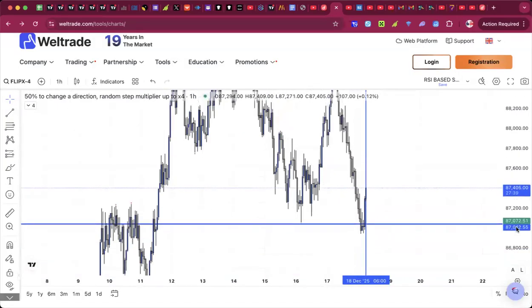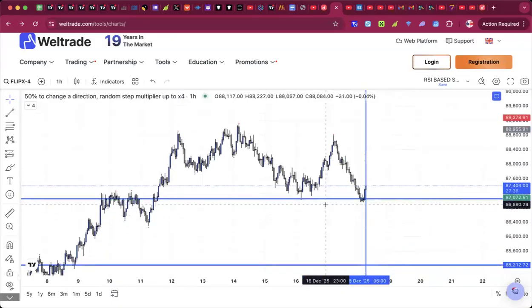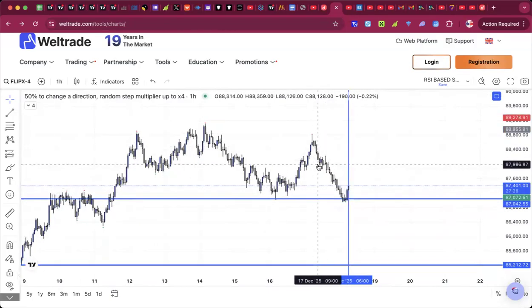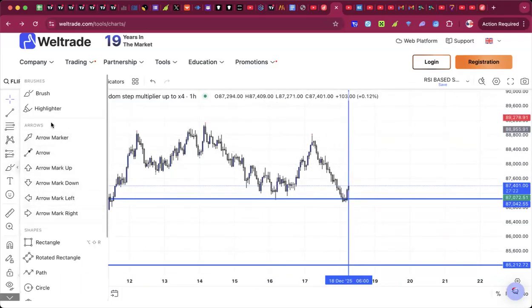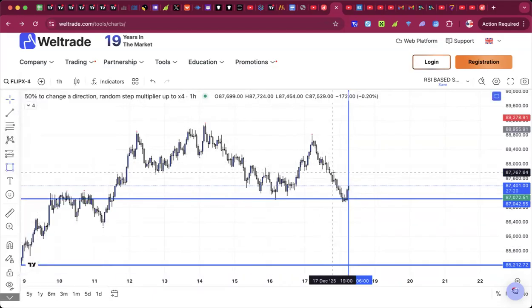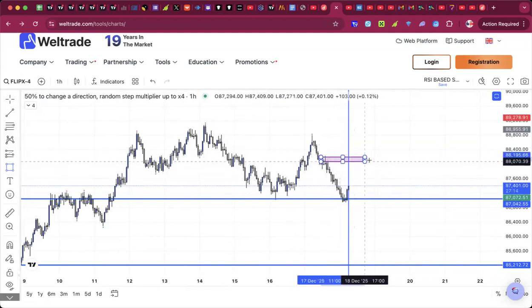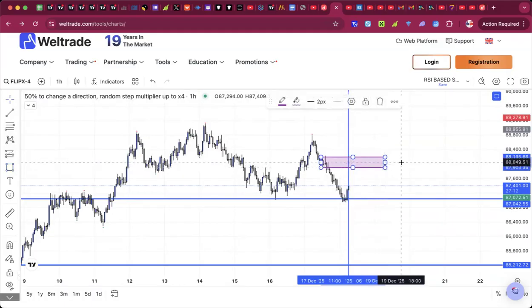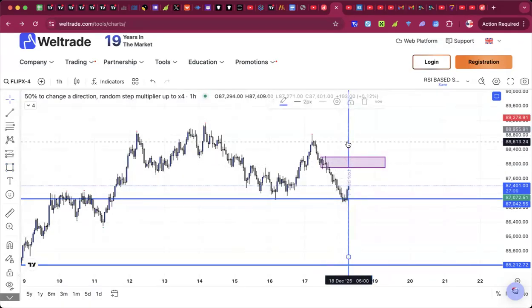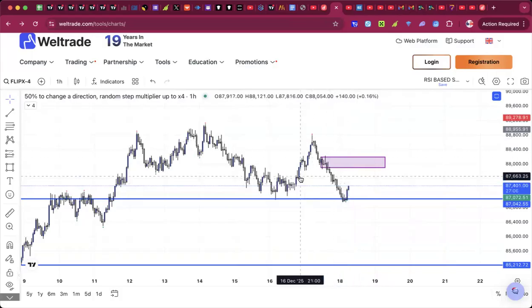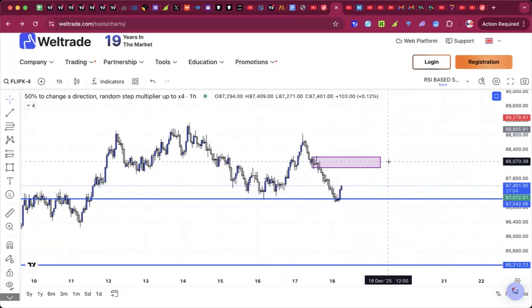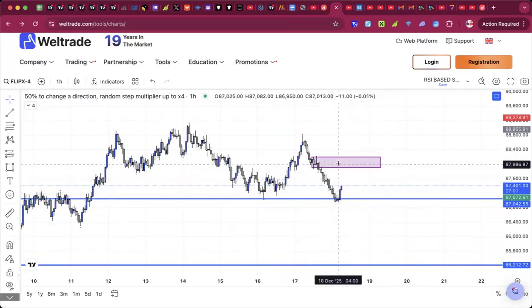But we can see that it got supported, and I think it's already a break of structure. So probably expect a level at which it should return to for continuation, maybe over here. Can you see that? So over there or here before the new sell.